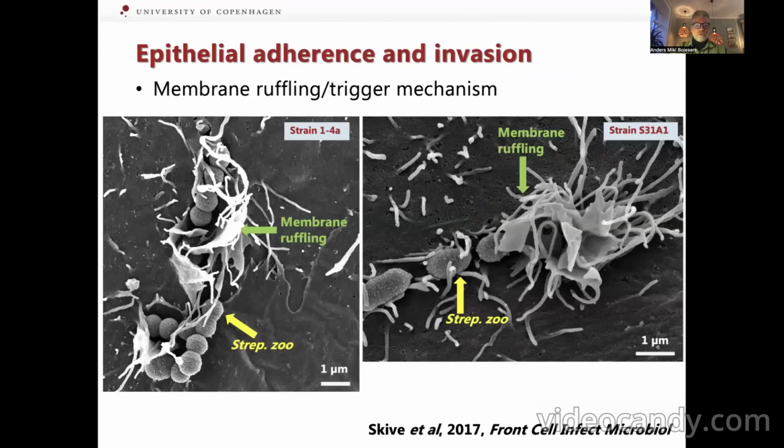We've then also looked further into how the bacteria actually interact with the mucosal lining. What you see in this picture is the streptococci here, in a nice chain, but also you see all these fluffy parts here. This is actually the equine cell that is enveloping the bacteria, and the bacteria are entering into the cells of the horse.